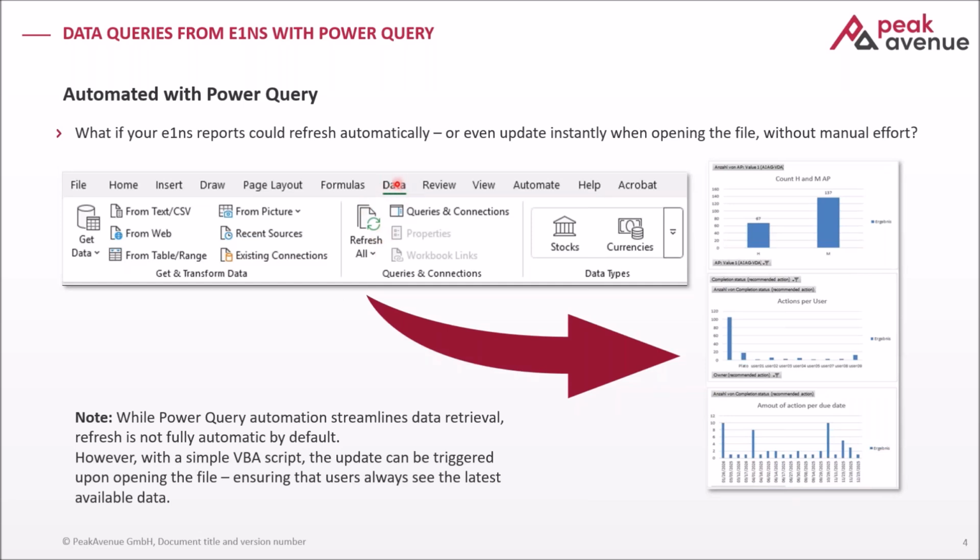By the way, Power BI also has this area Data, where we just need to push the button Refresh. And maybe with some VBA magic, you can also automate this, so that the data is gathered directly by opening this file, when you are able to write a little VBA script for that.